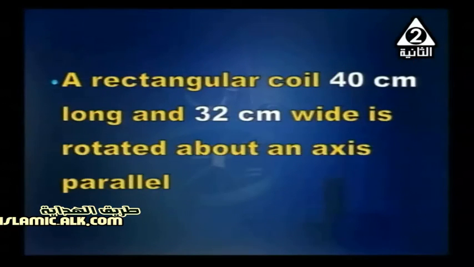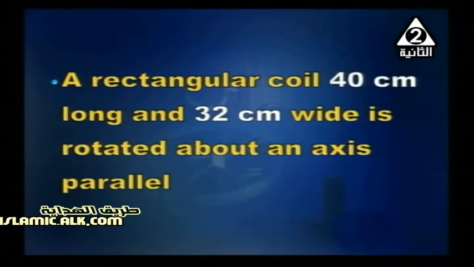A rectangular coil 40 centimeter long and 32 centimeter wide. Okay, dimensions of the coil: 40 centimeter long, 32 centimeter wide. Your attention, please, 32 is the width of the coil.